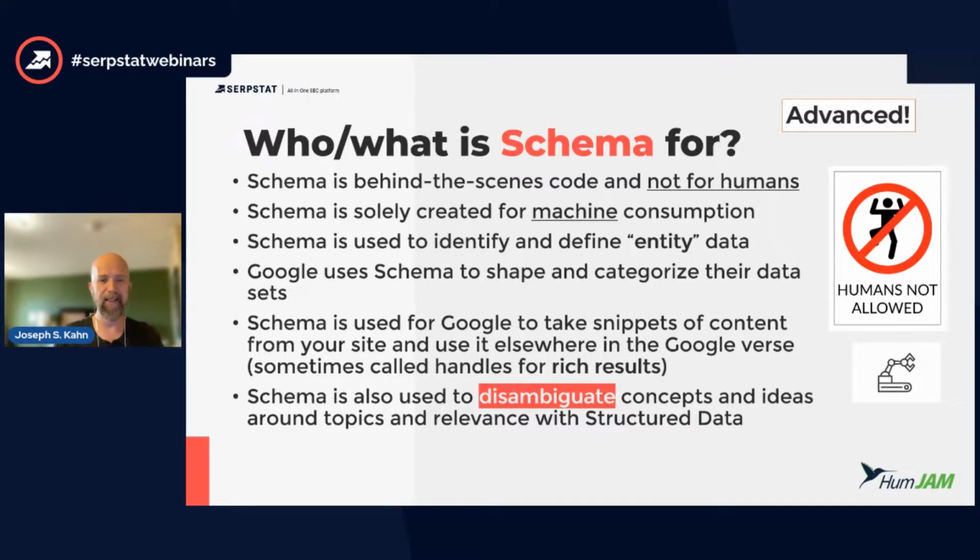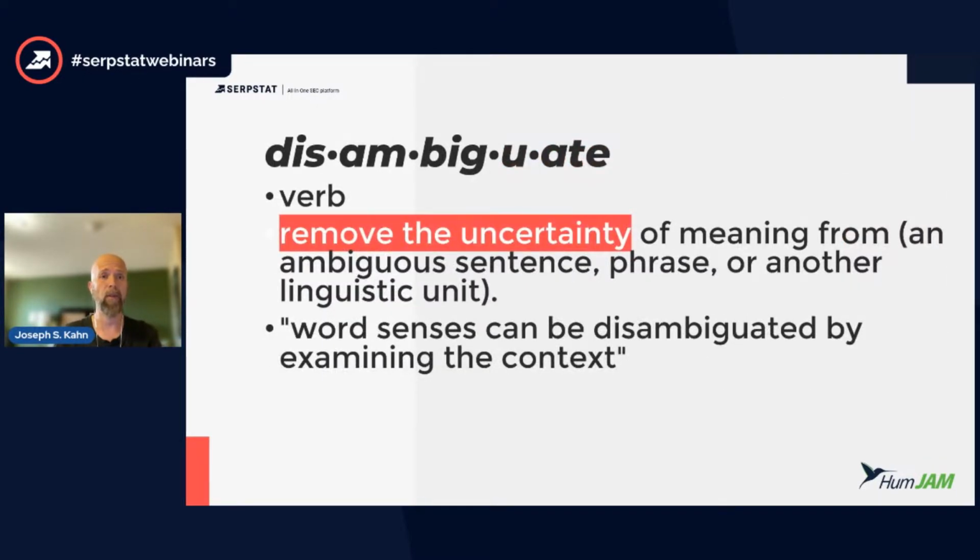And schema is also, here's the word of the day. If you're writing this, write down this word, because this is what we want to do as SEOs, as digital marketers. We want to disambiguate concepts and ideas around topics and relevance with structured data. I generally try to use the example of an alpine versus an alpine stereo. You're talking stereo versus mountains. The only way to disambiguate that would be through data behind the scenes. Otherwise, the computer's not going to know the difference. So here's the screenshot.